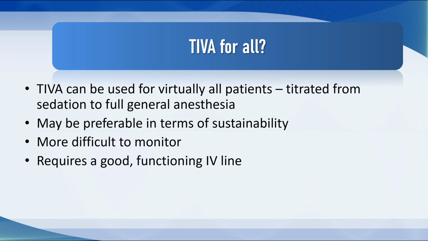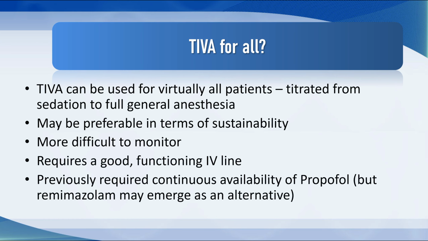It requires a good functioning IV line, and previously it required continuous availability of propofol, although we now have remimazolam as an alternative. If there are supply chain problems and you don't have propofol and all you do is TIVA, that's a problem. So we will talk about TIVA down the line, but this series is all about just vapors and gases.